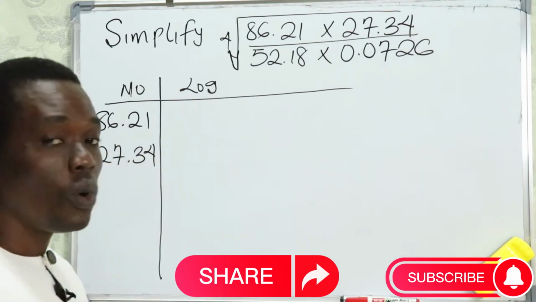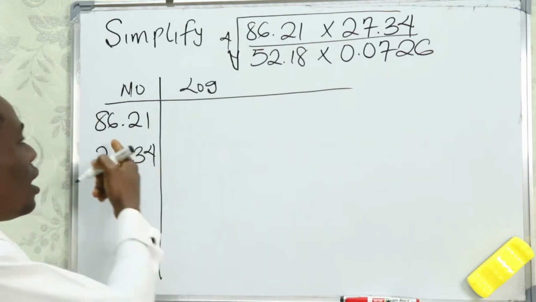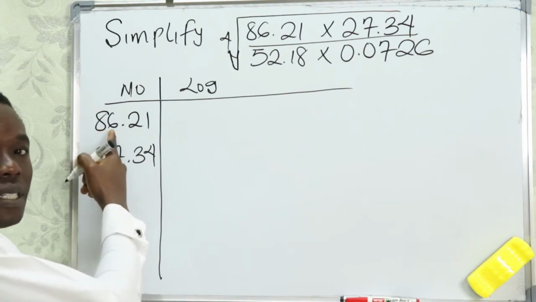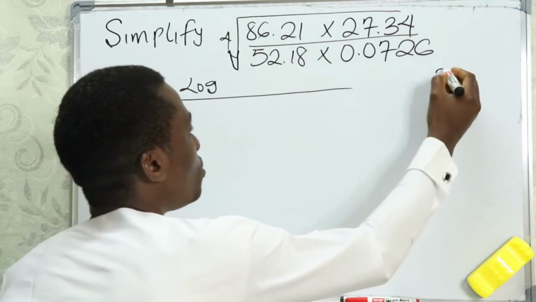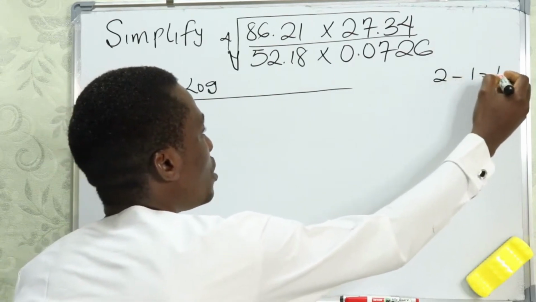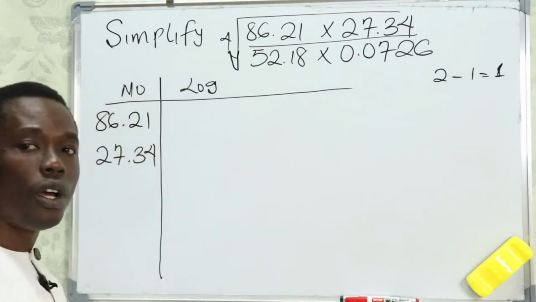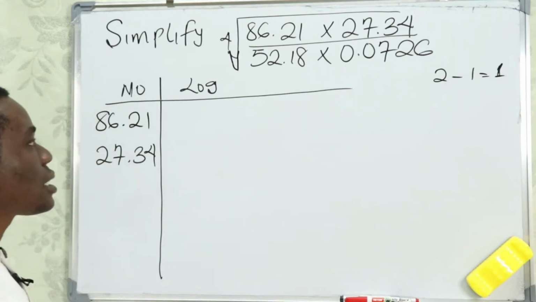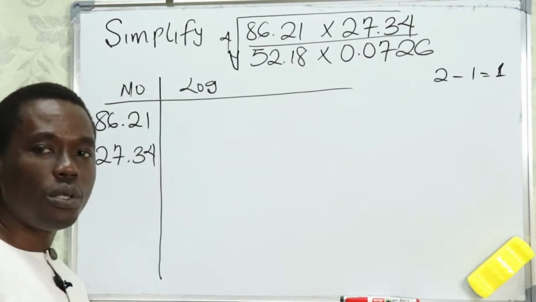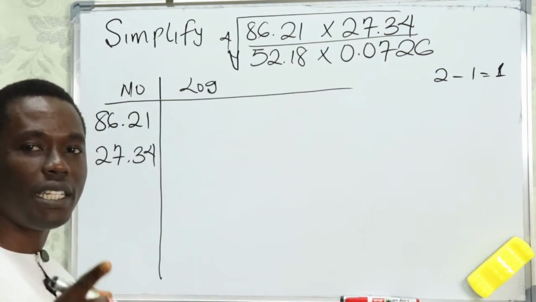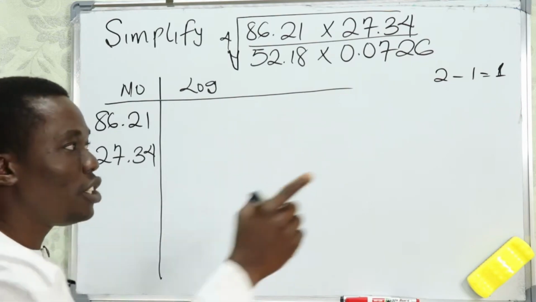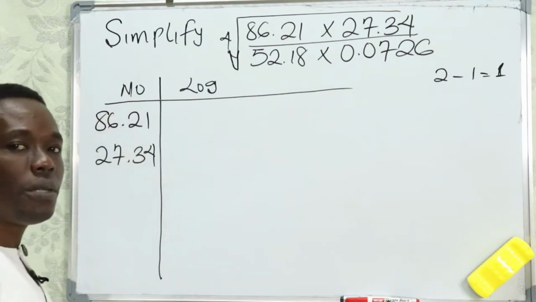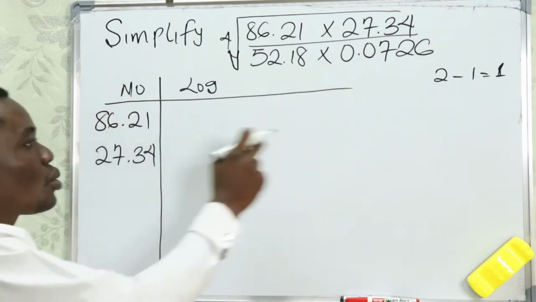27.34. According to what I've taught you so far, if you have 2 digits before the decimal point, that means it will be 2 minus 1, which is equal to 1. So the integer or the characteristic is going to be 1. Remember I told you we can use two methods in finding the characteristic. With the first method, if the number before the decimal point has 2 digits, we subtract 1 from it.